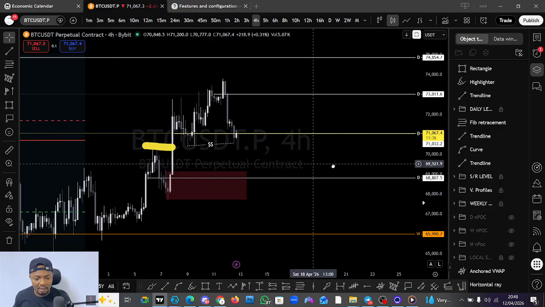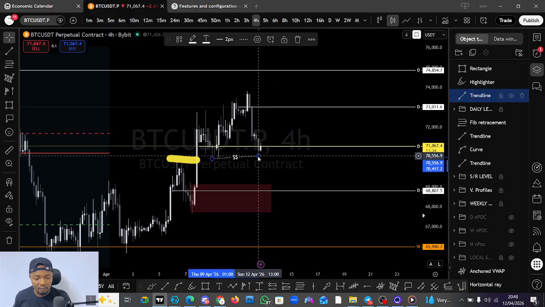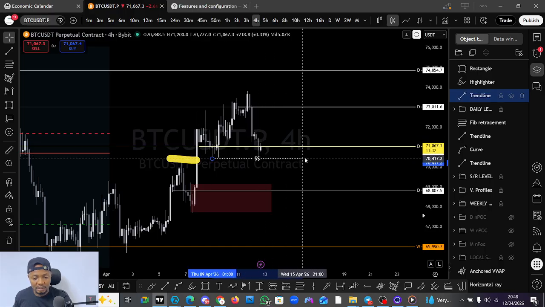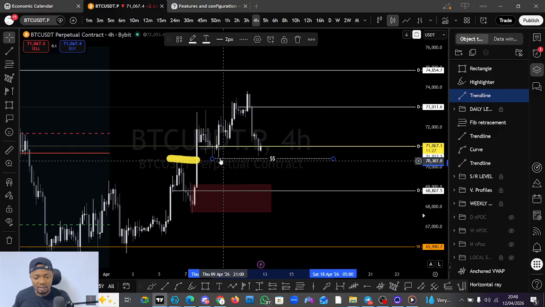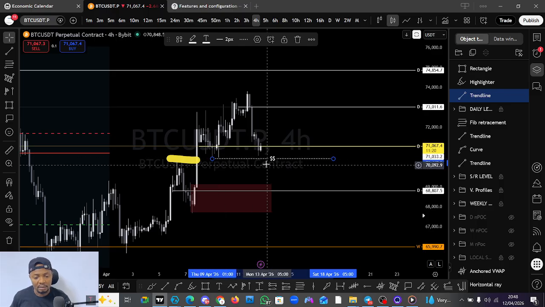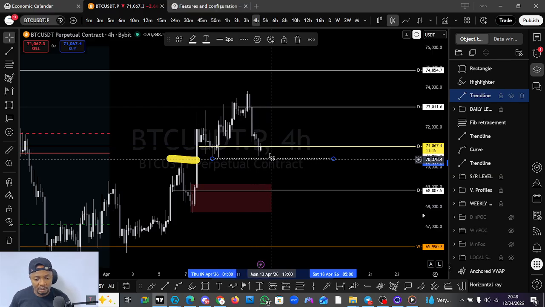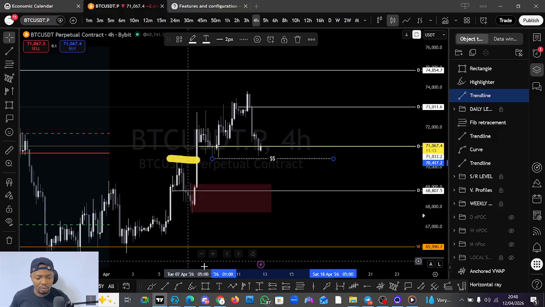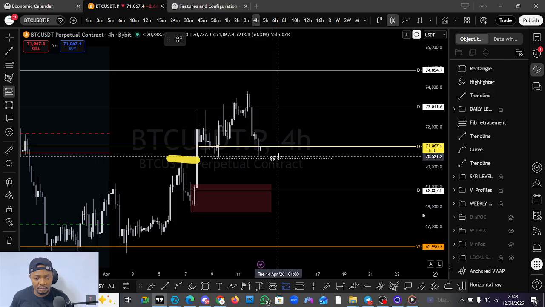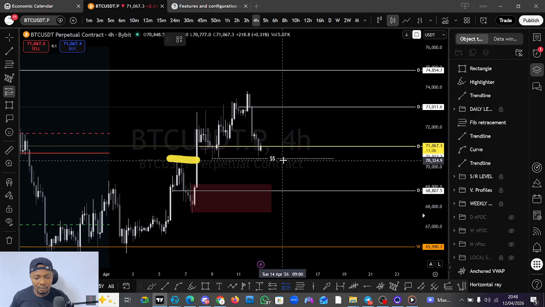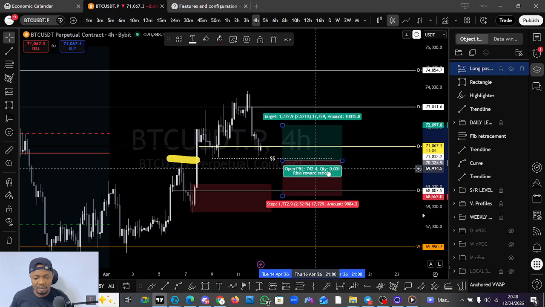So on the 4 hours time frame, if we decide to stretch this across, this liquidity zone was last week's liquidity zone, and the price could now take out this liquidity, then the entry will be around this region, just slightly below that liquidity.